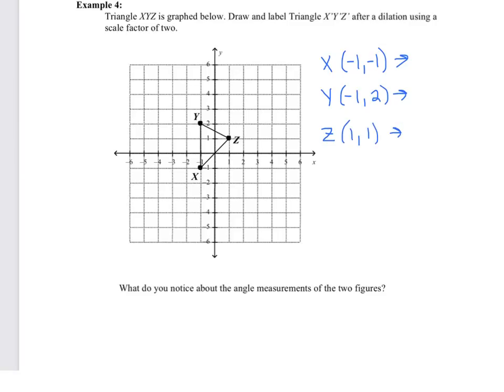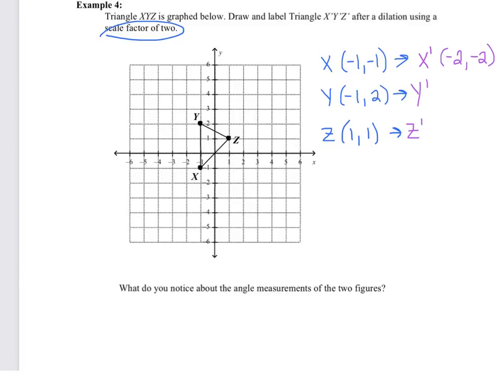And now we want to find our dilation with a scale factor of 2. Remember, whenever we have a transformation, we're going to identify that using primes. So we want to find our X prime, our Y prime, and our Z prime. And to find our new dilated figure, we want to multiply each coordinate by 2. So our X prime would be 2 times -1, which is -2, and then 2 times -1, again, is -2.